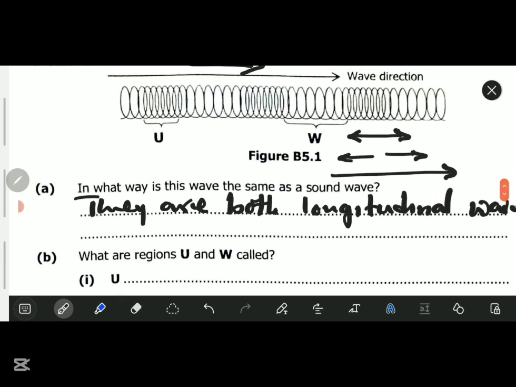Okay, so they are both longitudinal, but is there any other way in which they can be similar?